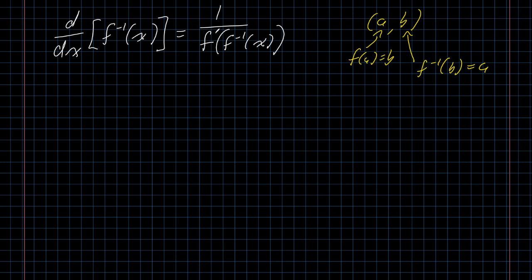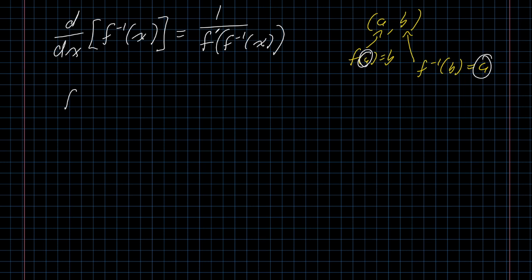So, because we are taking the original function's derivative, f prime of x, well, we don't want to just evaluate at x. We need to evaluate at the point where it came from. So we evaluate the inverse function first. It looks really ugly. In practice, it's fairly straightforward.